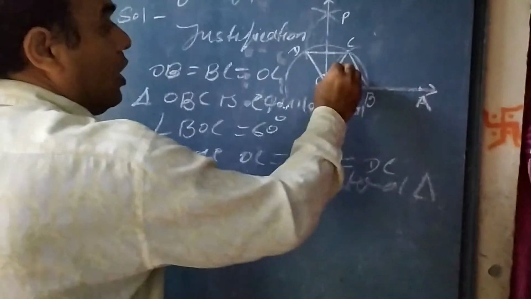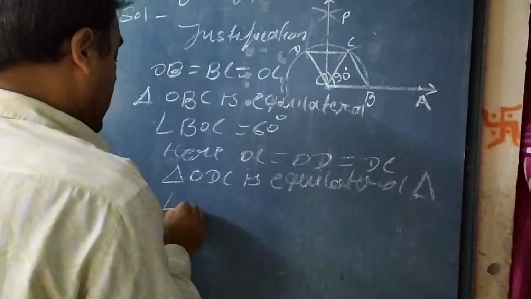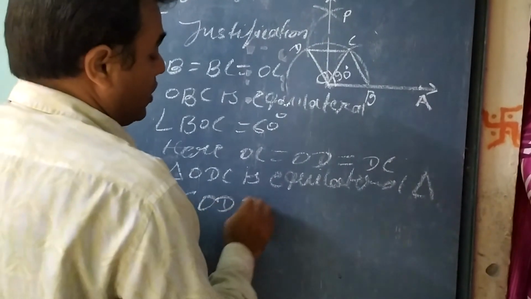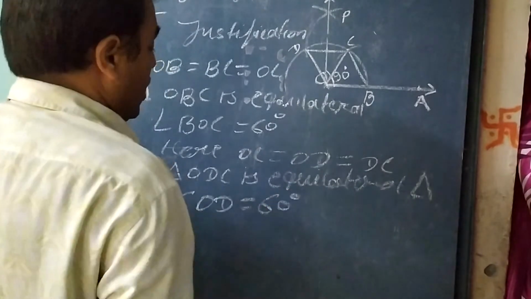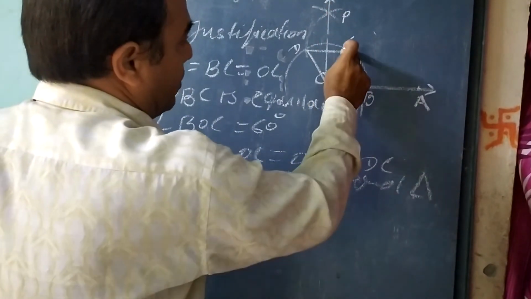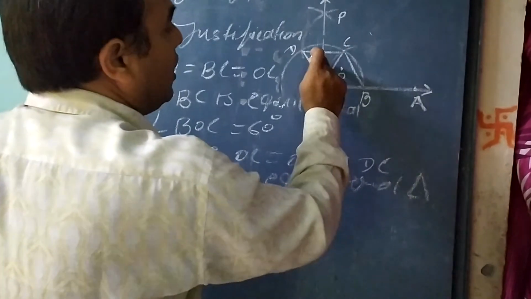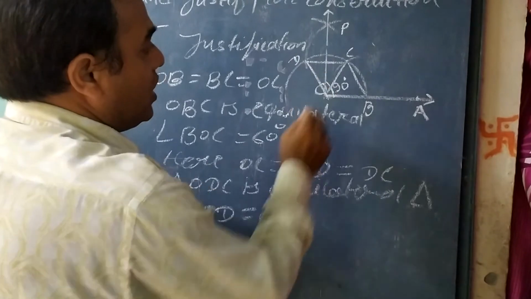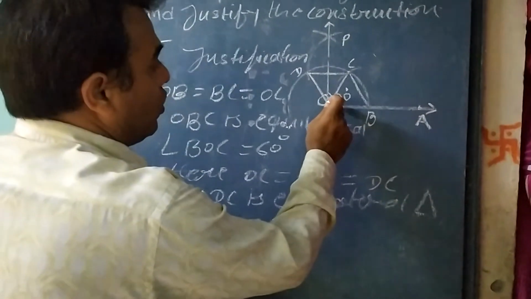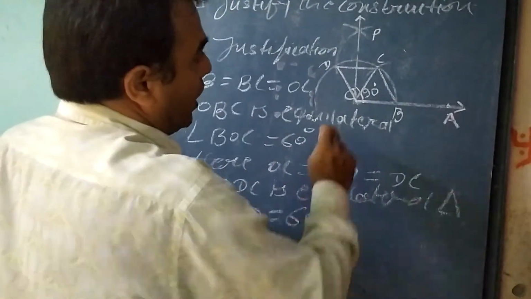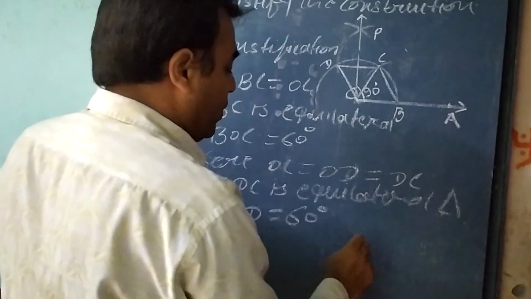So angle COD is equal to 60 degrees. Now we have bisected angle COD with the line segment OP.